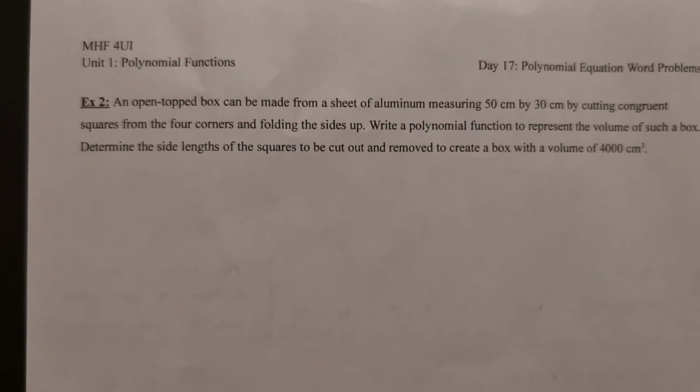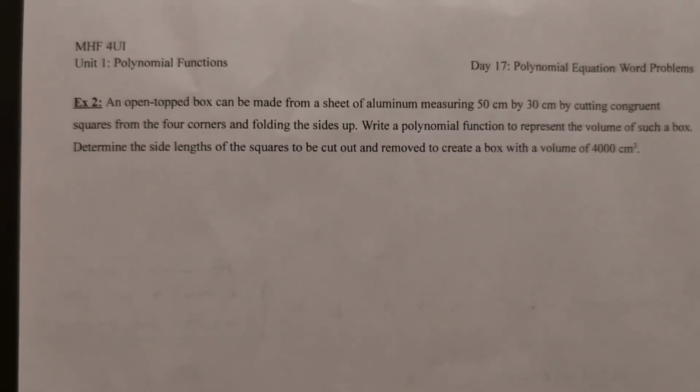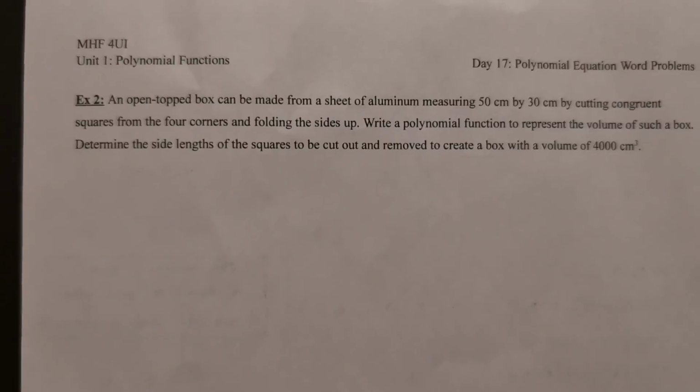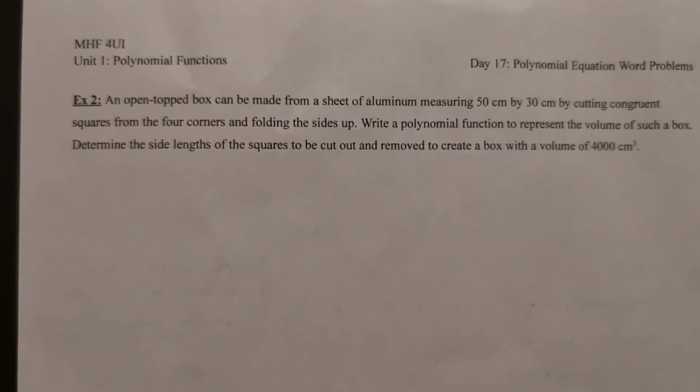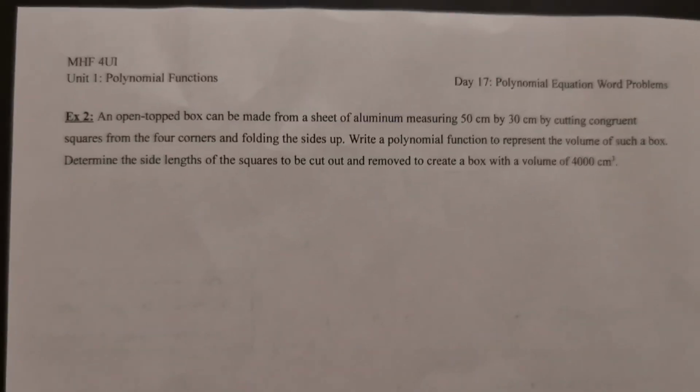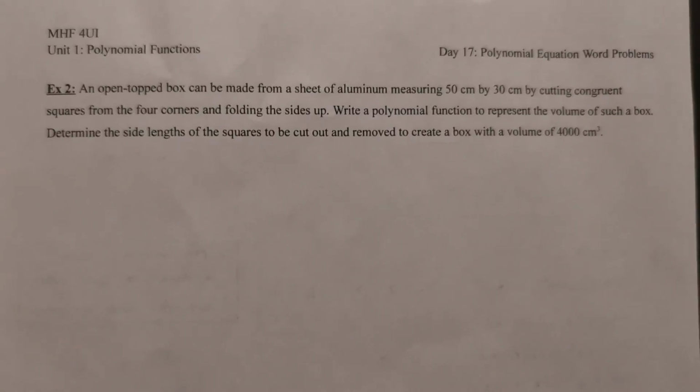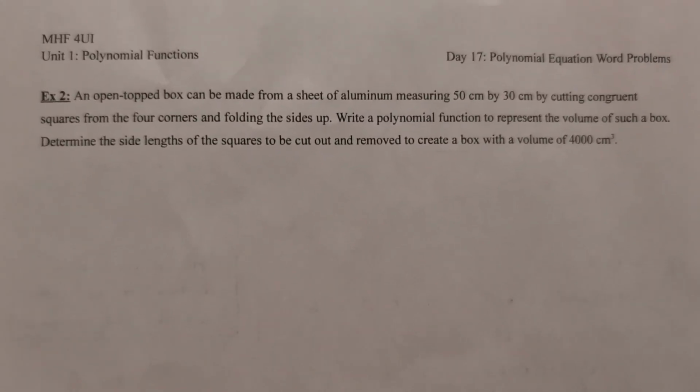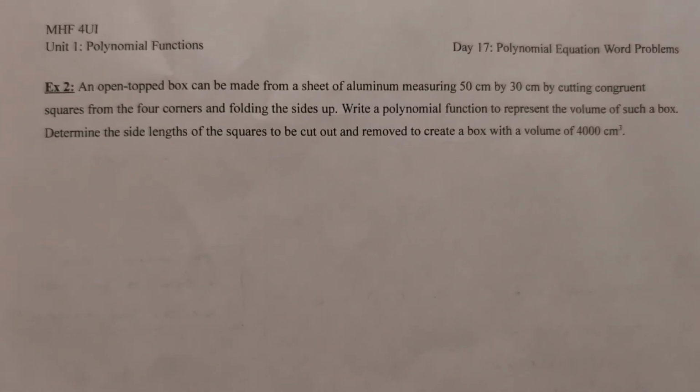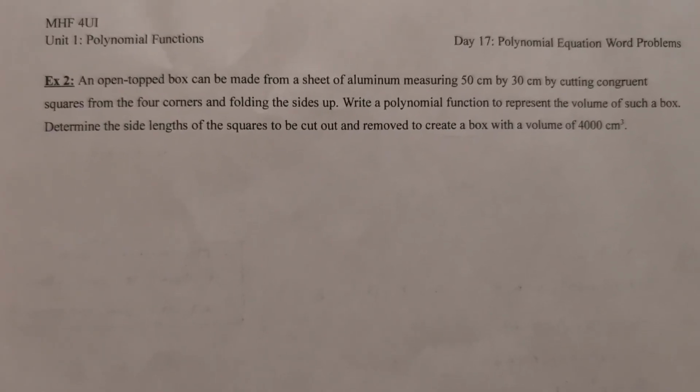Write a polynomial function to represent the volume of such a box. Determine the side lengths of the squares to be cut out and removed to create a box with a volume of 4,000 centimeters cubed.